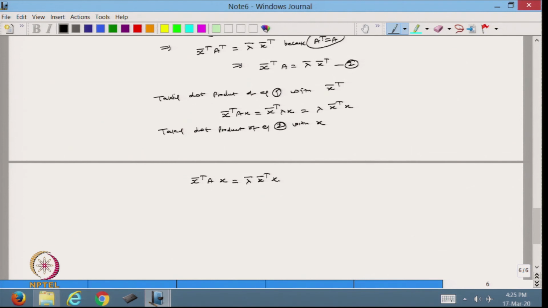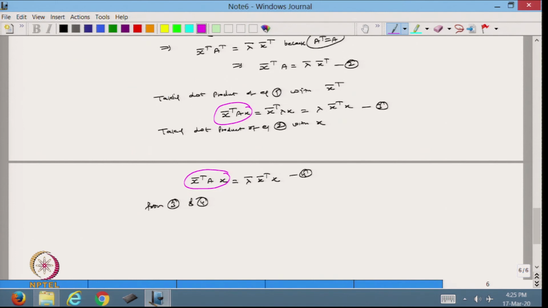That is the dot product I have taken, equations 3 and 4. From equations 3 and 4, because this is just a scalar, I can take the transpose, and you will see that these are the same.